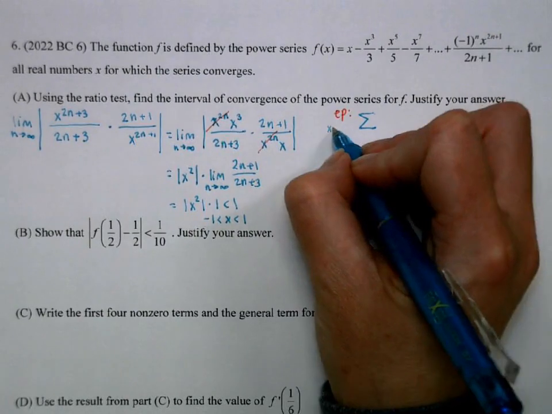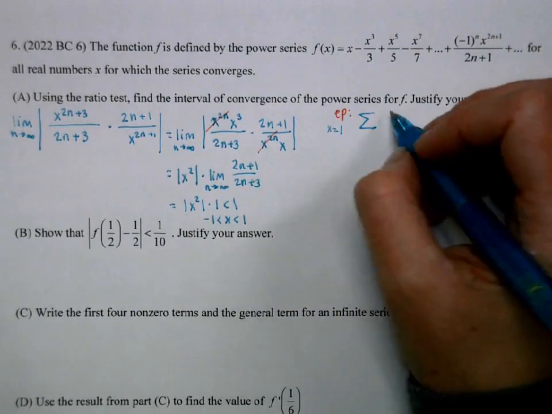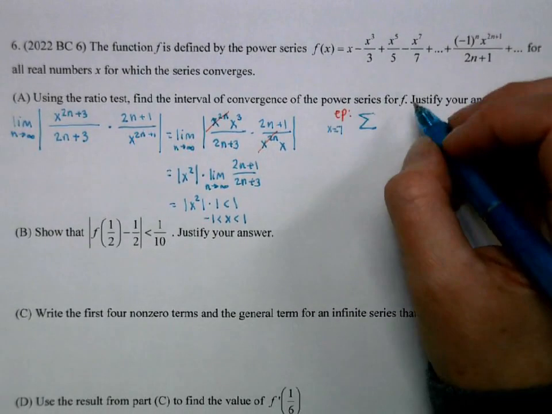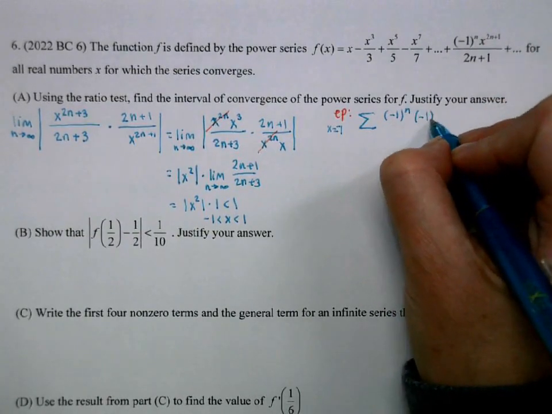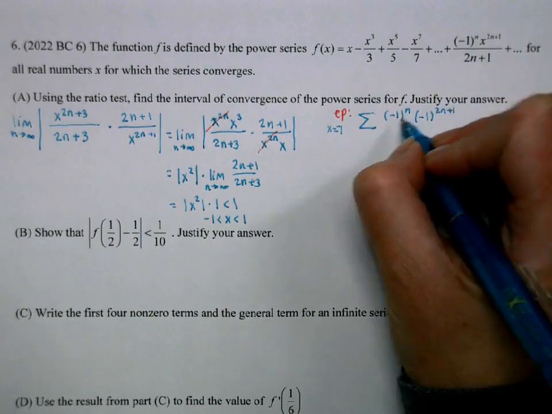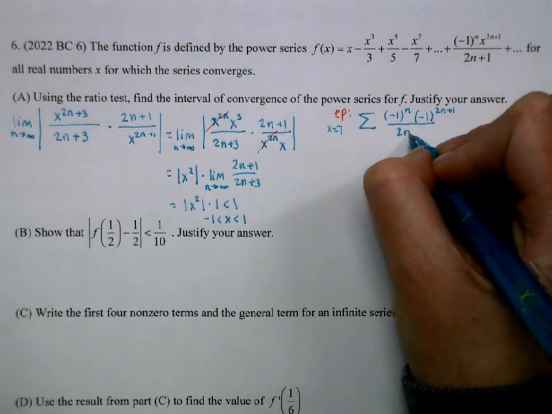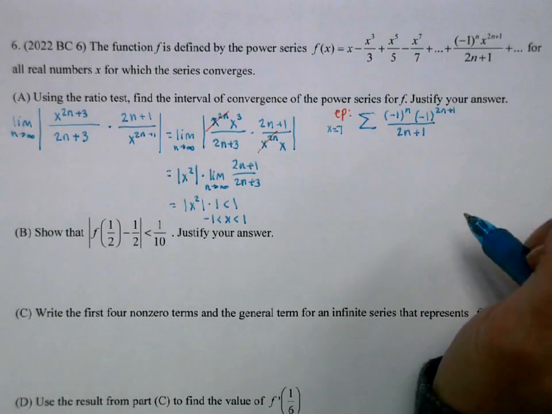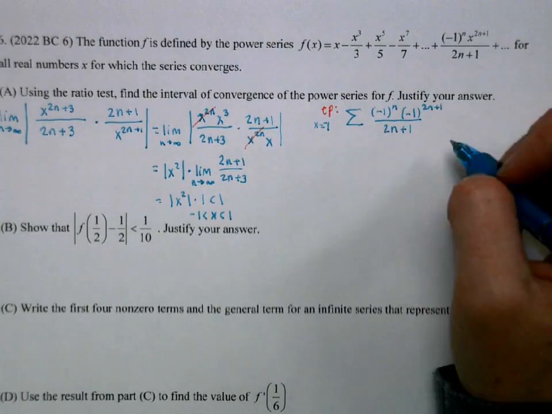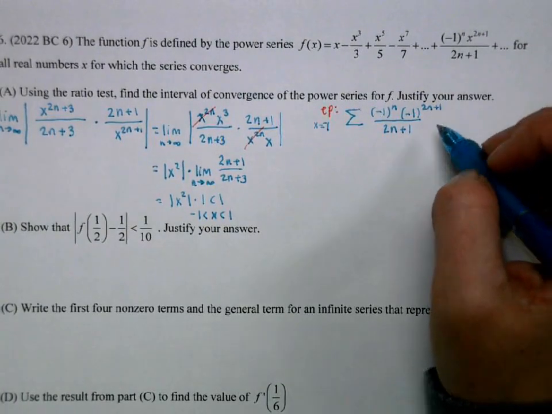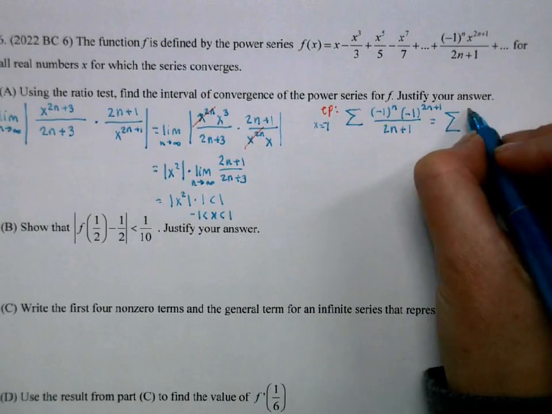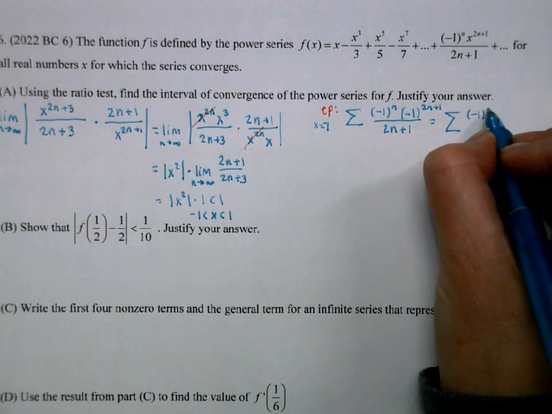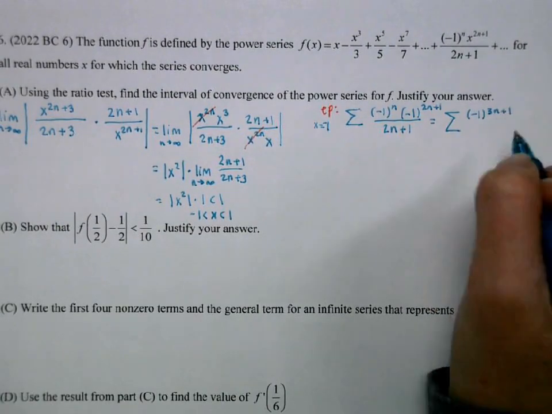All right, let's start with -1. So we have -1 to the n, -1 to the 2n plus 1 over 2n plus 1. Combining these, we get -1 to the 3n plus 1 over 2n plus 1.